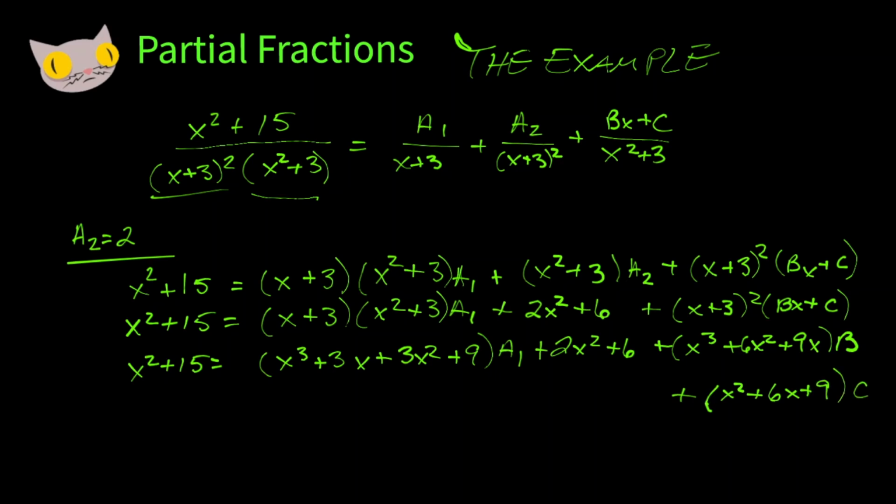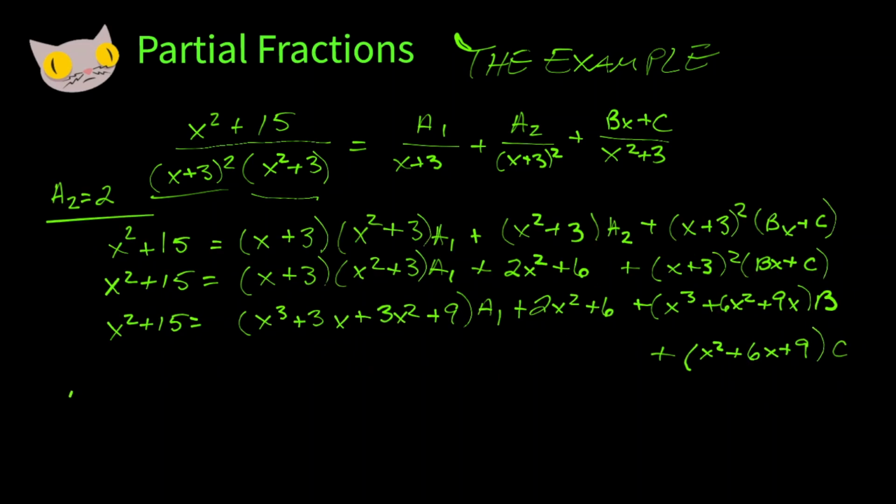So there we go, we expanded that all out. Now let's organize it by our exponents. So we're going to get x squared plus 15 is equal to, first our x cubed, a1 plus b, plus x squared, 3a1 plus 6b plus c plus 2.